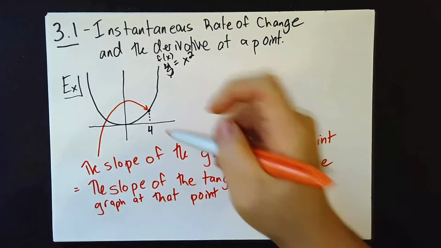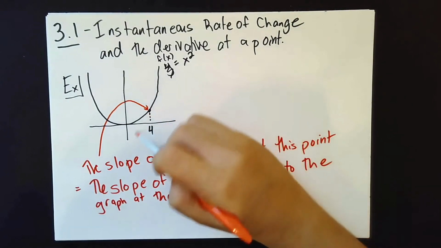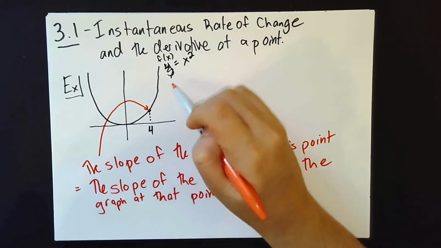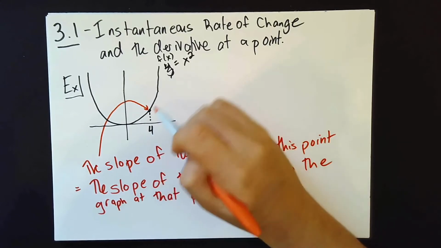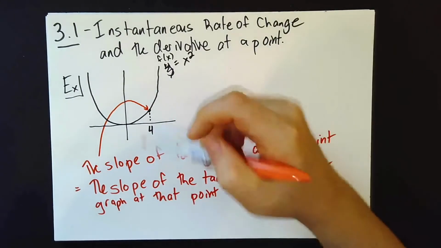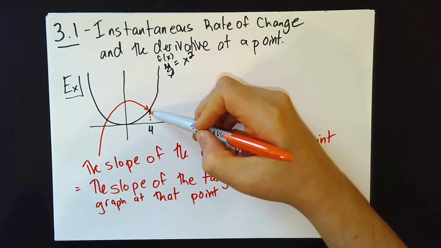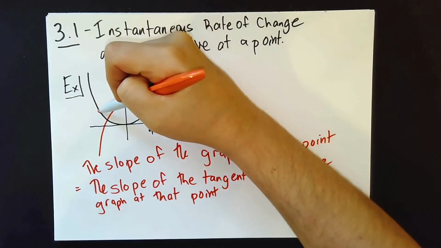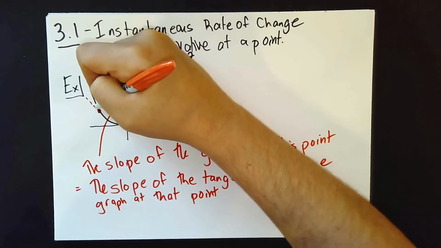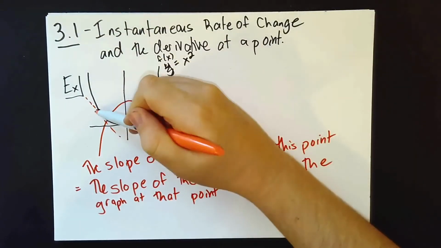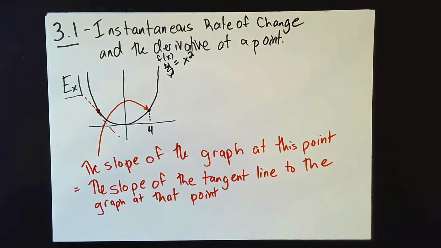And so if we drew in this dashed line here that was tangent to the graph, then that slope would tell me the slope of this graph at this point. But notice that slope would be different if I were over at some point, say here, and I drew in a tangent line, and it would look like this. This line has a totally different slope than this one.